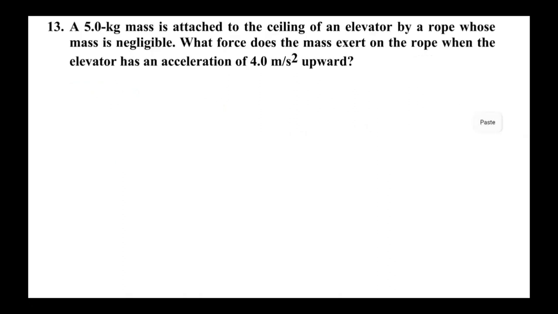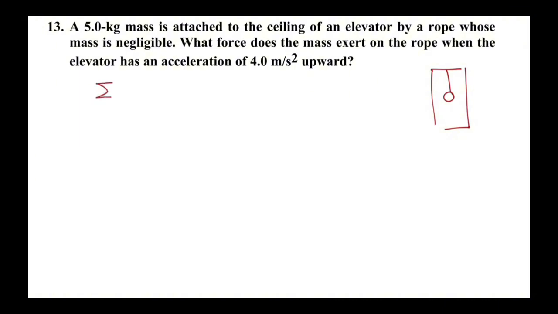A 5 kilogram mass is attached to the ceiling of an elevator by a rope whose mass is negligible. What force does the mass exert on the rope when the elevator has an acceleration 4 meter per second square upward? Now again, we have this is the elevator box, and we have an object hanged by a rope like this.